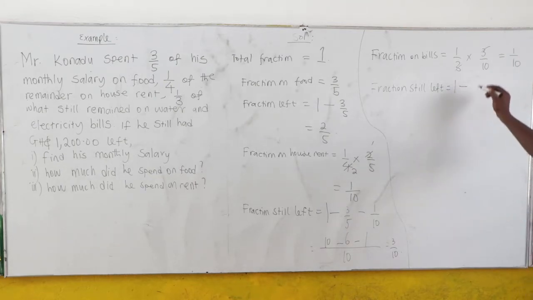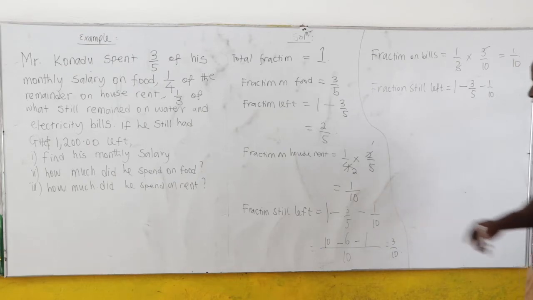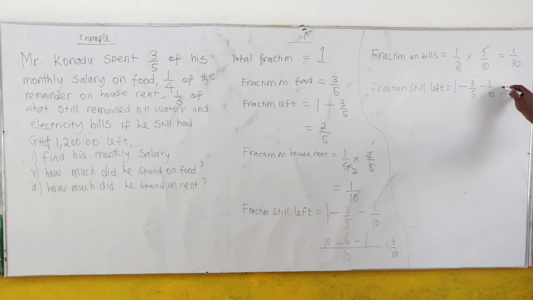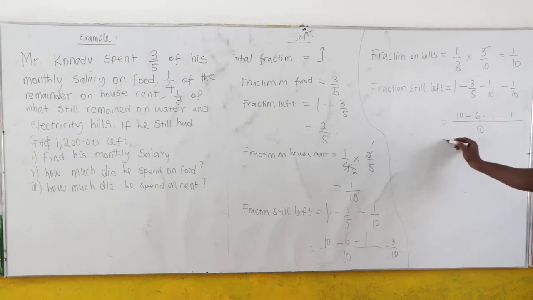Minus 3 over 5 on food, minus 1 over 10 on rent, and then minus 1 over 10 on bills. And the LCM is 10. We have here 10 minus 6 minus 1 minus 1. 10 minus 6, that is 4, minus 1, 3, minus 1, 2.